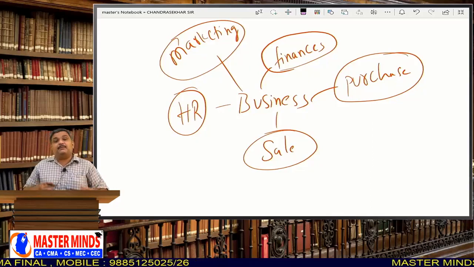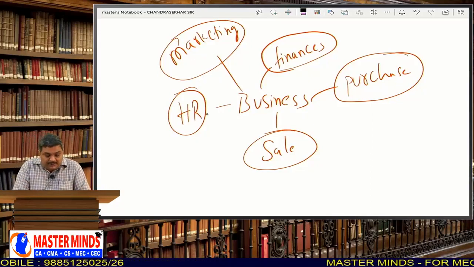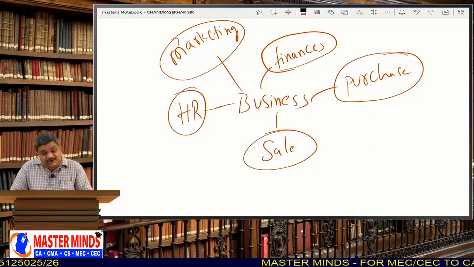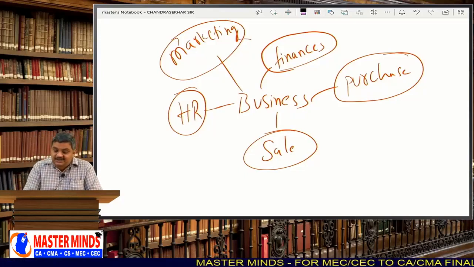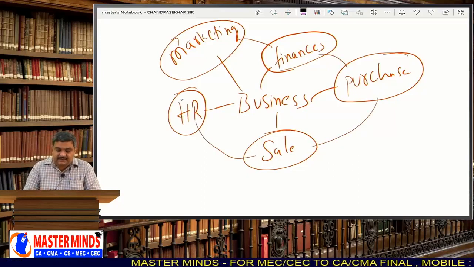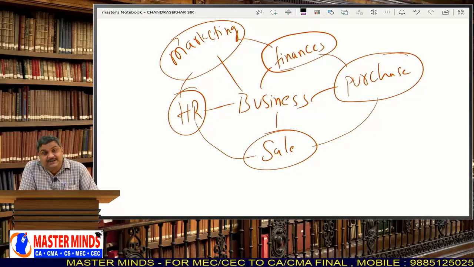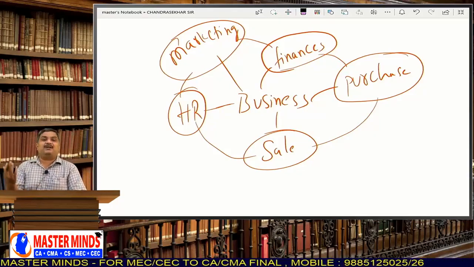That means, for a business to run successfully, all these components should be present. And how should all these components function? These all components should function in an integrated, interactive, interrelated, interdependent manner. Then only an organization can function properly.